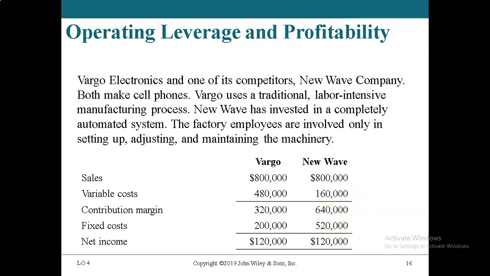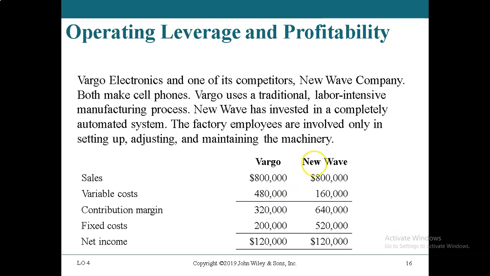So it looks like both companies are the same, but they're not. Because one company has more operating leverage and another company has less operating leverage. So operating leverage just means fixed cost. Fixed cost. Very important. Operating leverage means fixed cost.